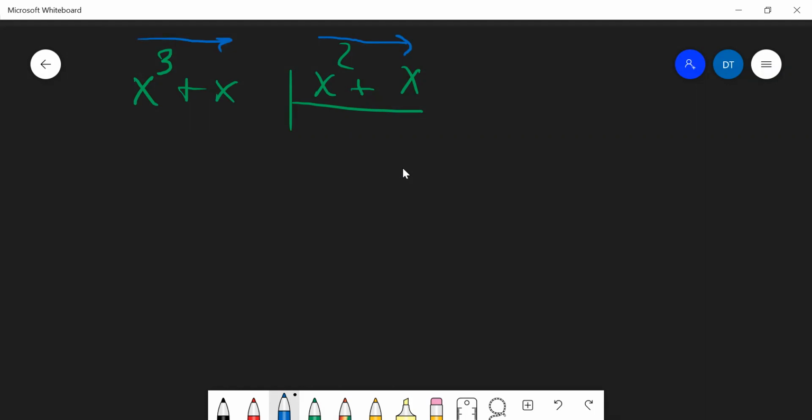Then we take the highest possible term here, the highest possible term here, and we multiply this by some power of x in such a way that the result will be the leading term here. So here it should be x, and after multiplication we have x cubed plus x squared, and then we subtract, and the result will be minus x squared plus x.